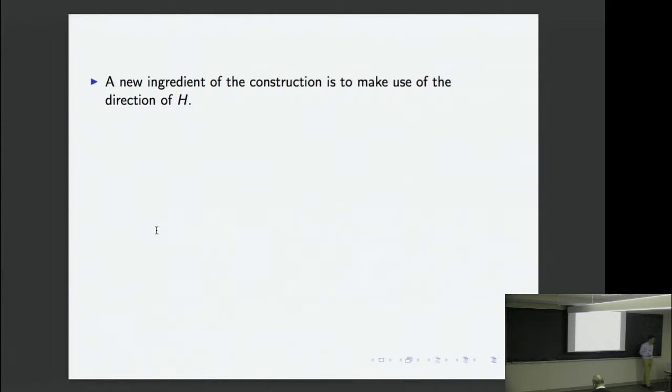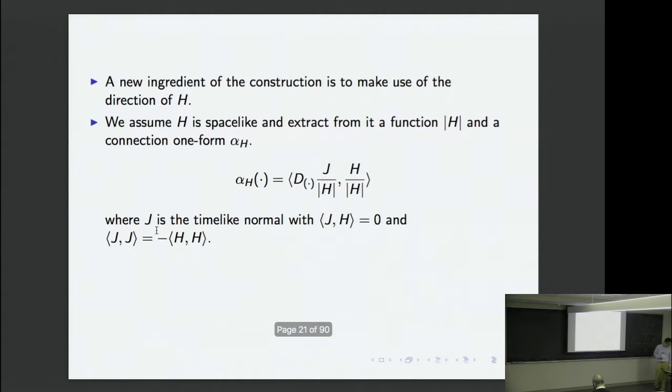As I mentioned, a new ingredient of the construction is to make use of the direction of the mean curvature vector. How do we make use of it? It turns out this mean curvature vector is a section of the normal bundle, so we can use it to define a connection form. First of all, we assume the mean curvature vector is space-like, and we can extract a positive function, which is a Lorentz norm.